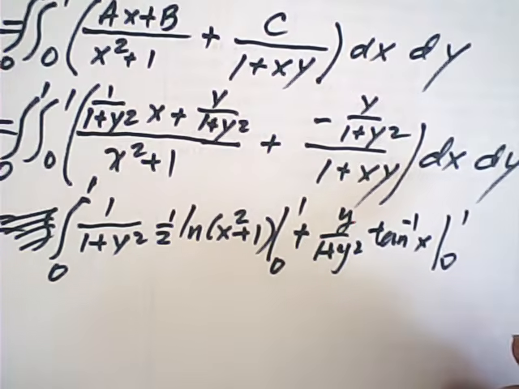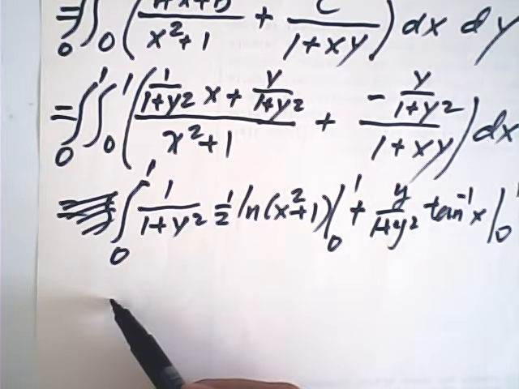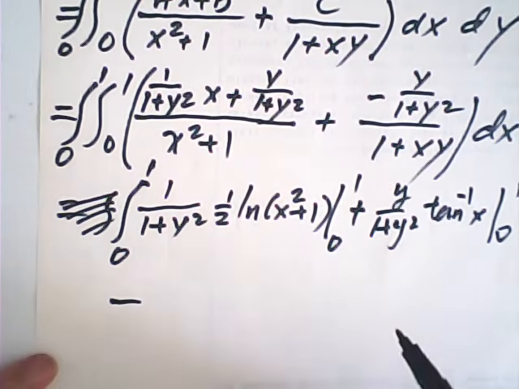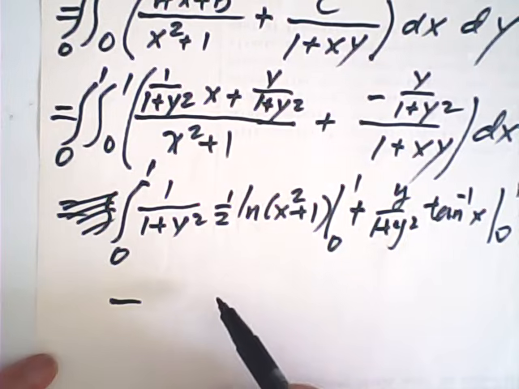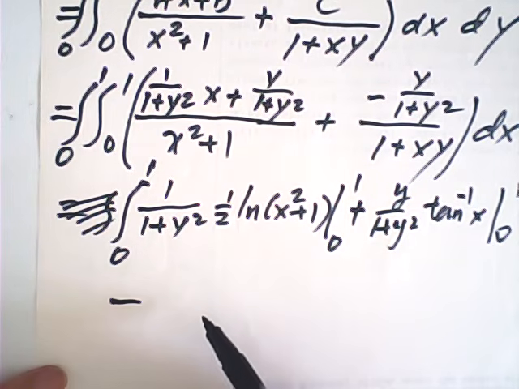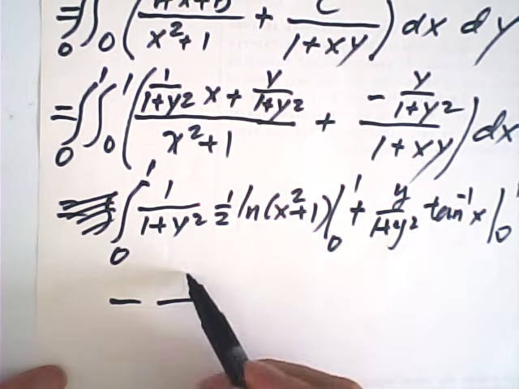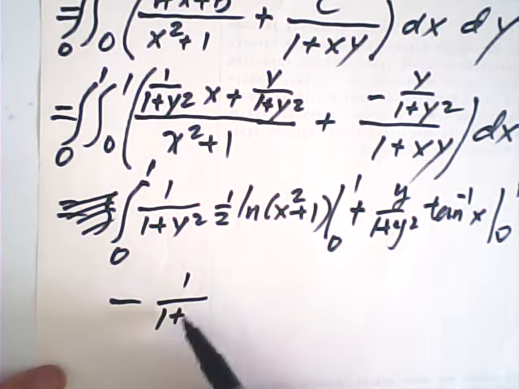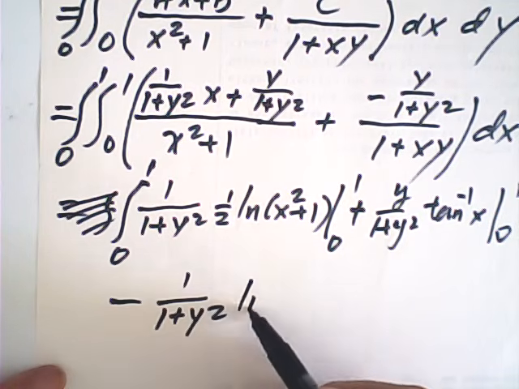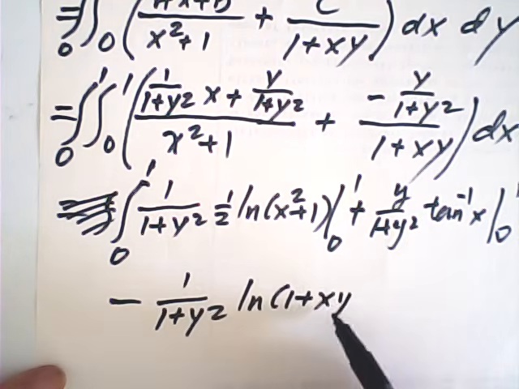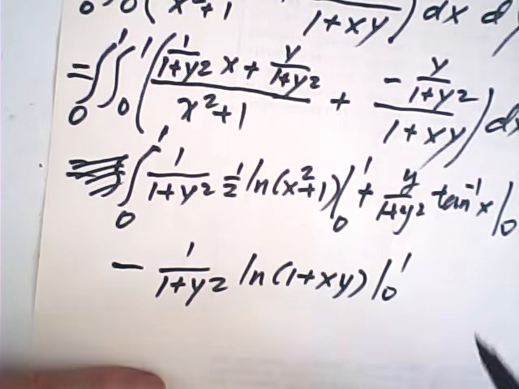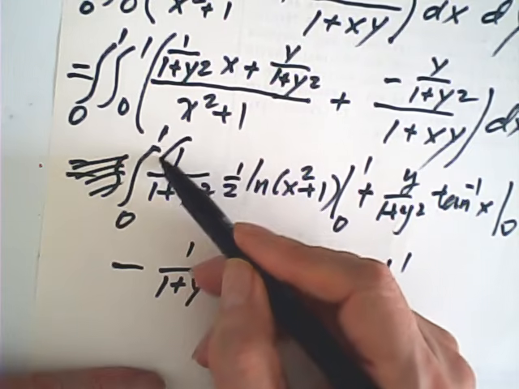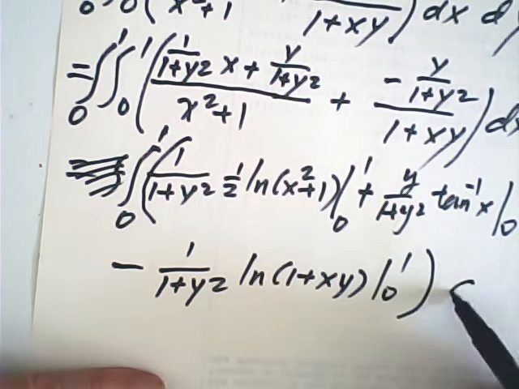And then minus this, a constant, so this one is equal to 1 over 1 plus y squared times log of 1 plus xy. All together, dy.